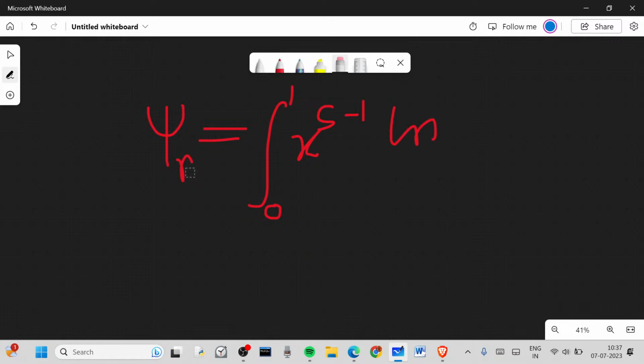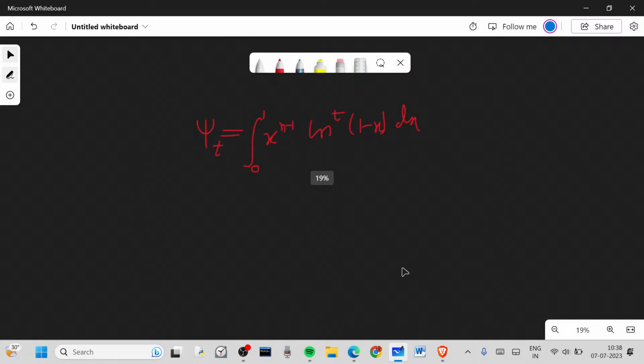So let's say phi n. So what's our phi n? Phi n is the integral from 0 to 1 of x to the power n minus 1 ln to the power t of x, minus 1... 1 minus x, my bad, dx.